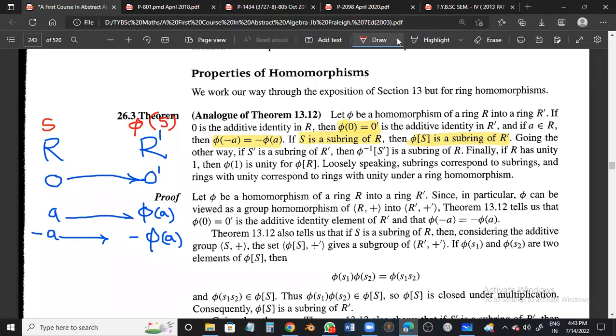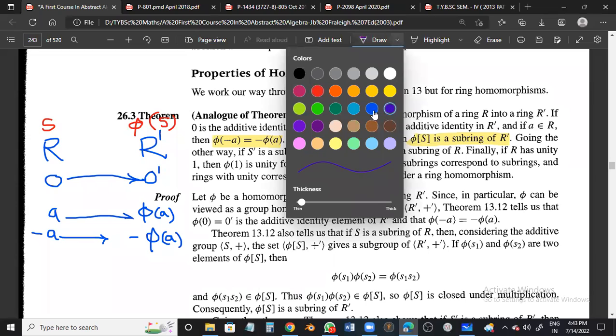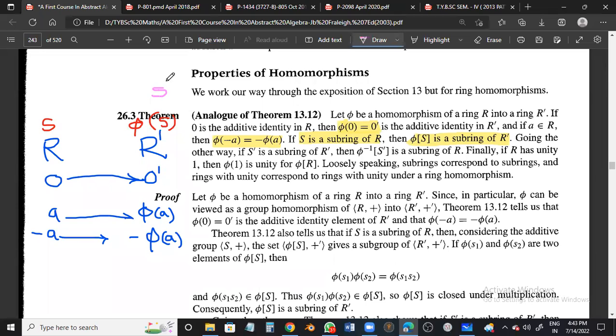Now the question comes, on the contrary, if suppose I select some S dash from here, its inverse image, how will it be? Inverse image of S dash, how will it be? Will it be a subring again? Yes, surely. So you can check the concept over here.